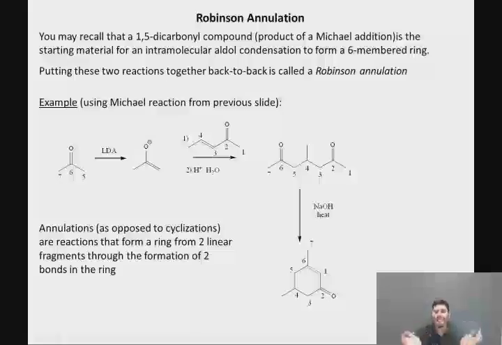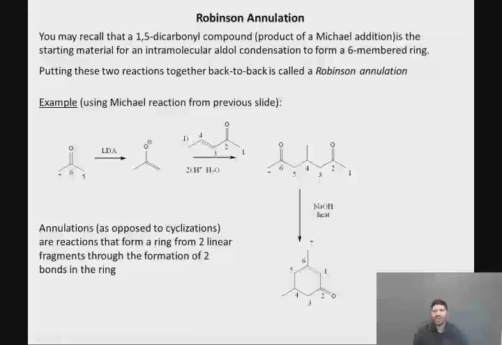It will initially give you the beta hydroxy ketone with an OH group at carbon 6, but then the aldol will undergo dehydration to form a double bond between carbon 1 and carbon 6, giving you the alpha beta unsaturated ketone as the final product.